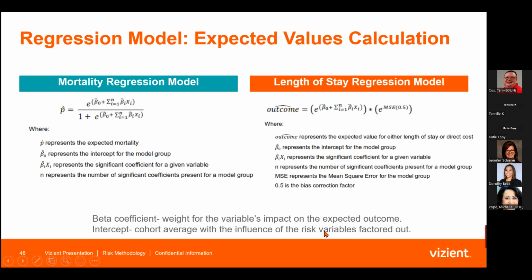So the higher the beta coefficient, the higher is the weight. And then a question we also often get is the intercept. And you'll see that in the calculator, I'll show you later. The intercept is often labeled as the constant, a starting point of risk. And you may also think of this as a population baseline or a cohort average.